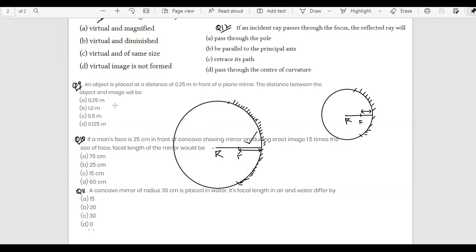No, it will not become smaller in size, beta. And the focal length depends on the size of the circle of which the concave mirror is a part.